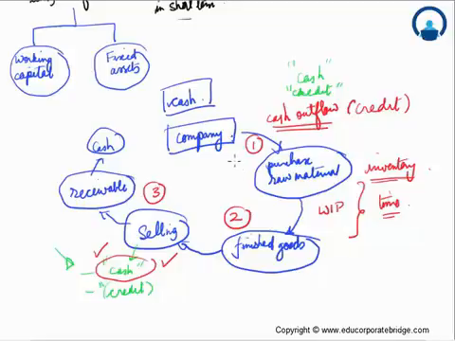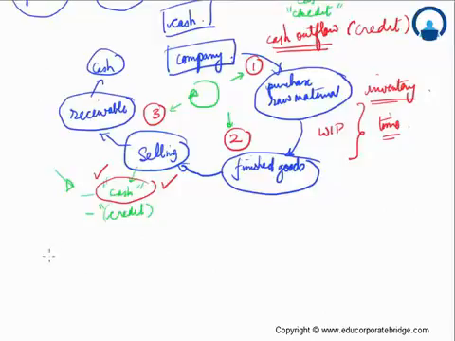So when we talk about 1, 2 and 3, 1 being the transaction related to the purchase of raw material, 2 being the processing of the raw material into the finished product, and 3 being completing the selling process and receiving cash, this whole cycle is called the cash conversion cycle.